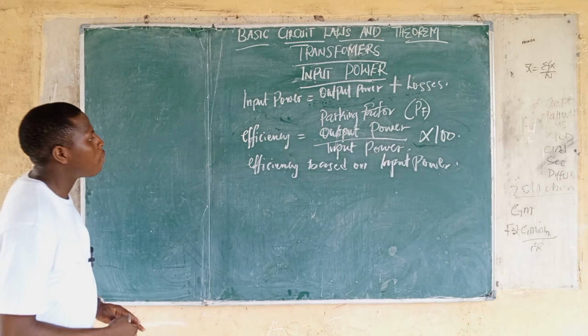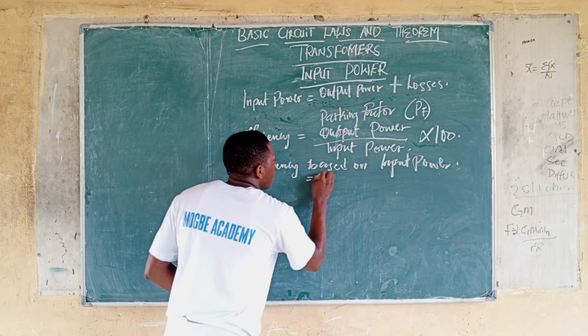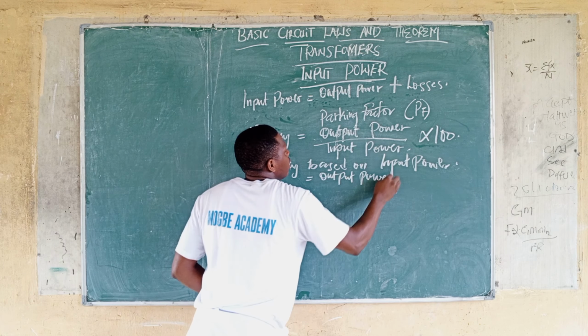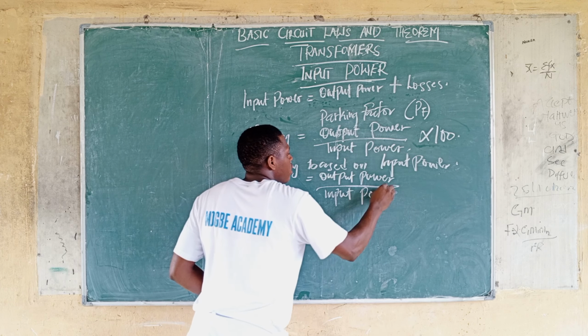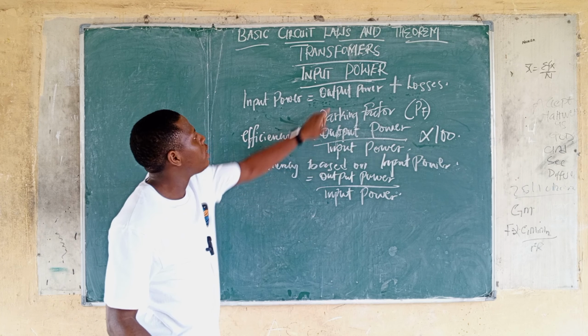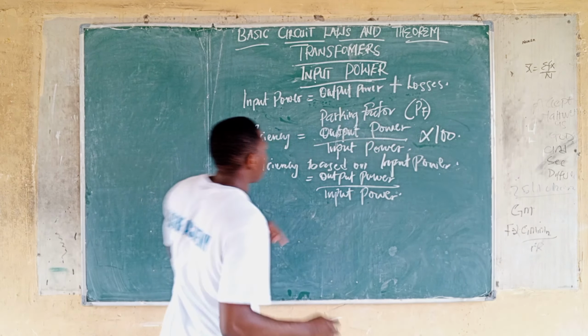Come back to your efficiency, which is output power divided by input power. So now, anywhere you are seeing input power, we are putting output power plus losses. So let's substitute this into this equation.